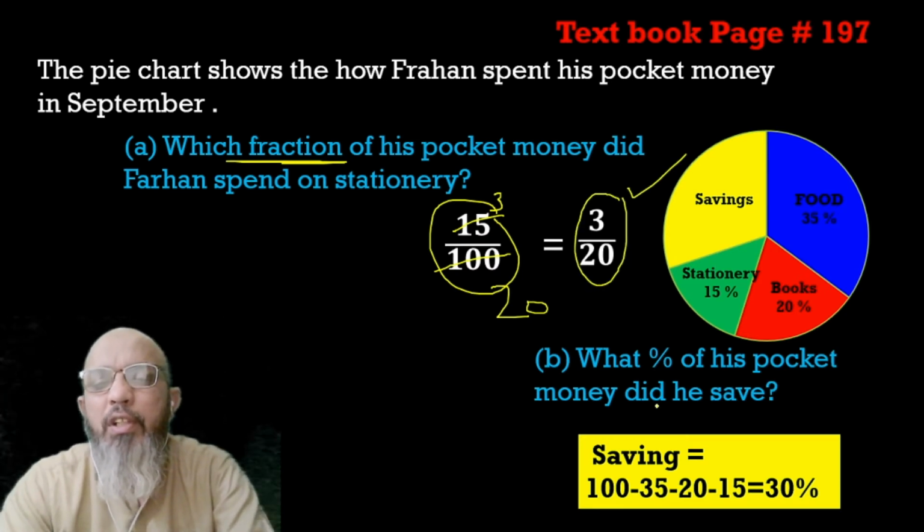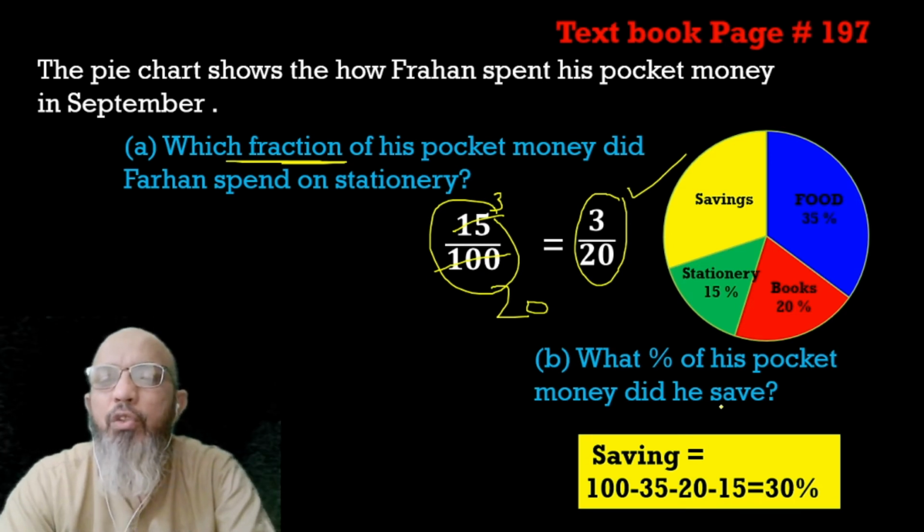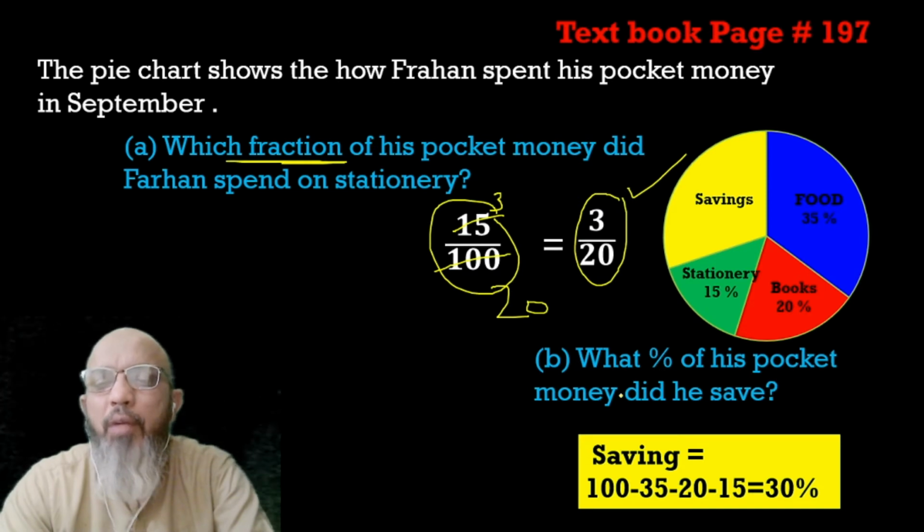So the next question is, what percentage of his pocket money did he save? Now there are two ways to solve this question. What did he save? It means what is his saving, right? So 35% on his food, 20% on books, and 15% on stationery.